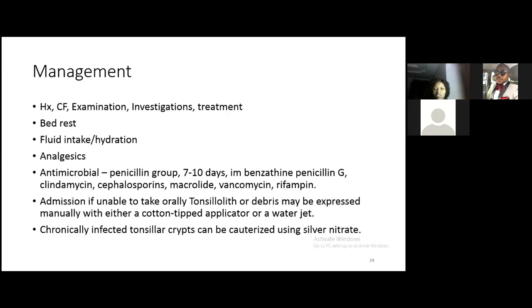In the case where the patient cannot tolerate oral medication or might not be compliant with it, IM benzathine penicillin G can be used, but then the patient will have to be on admission. Other antibiotics that have been found to be useful are clindamycin, cephalosporins, and macrolides, for example erythromycin.